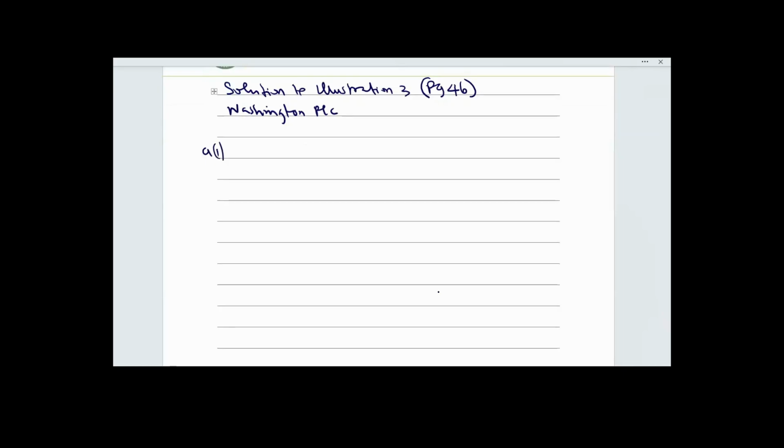We're asked to calculate net present value. If you like, we can restrict our numbers to million or thousands to make your work easier.